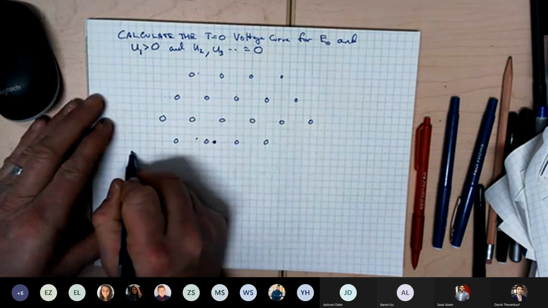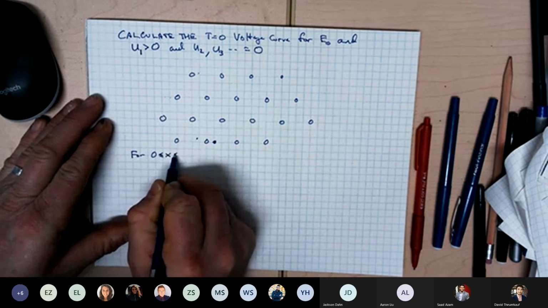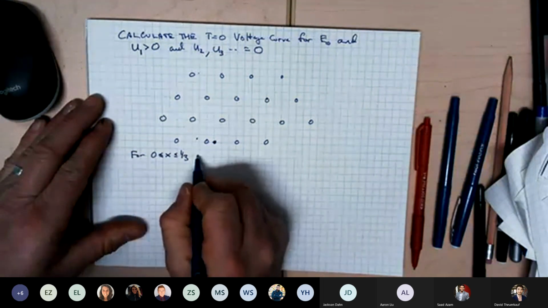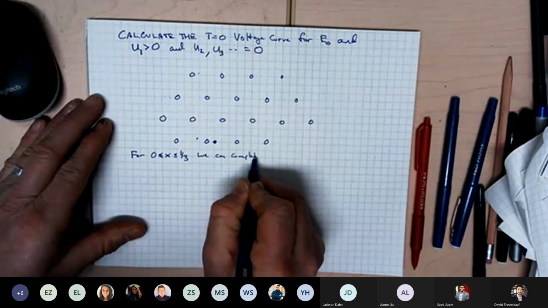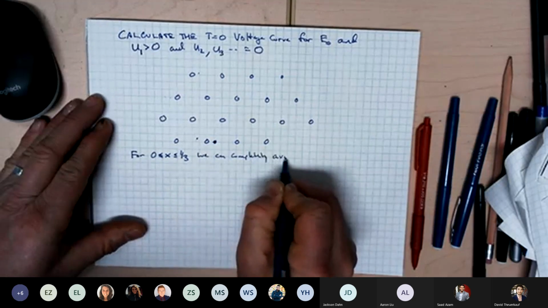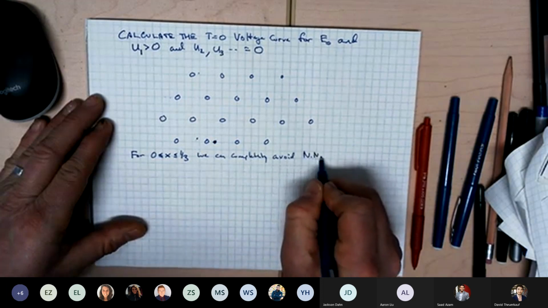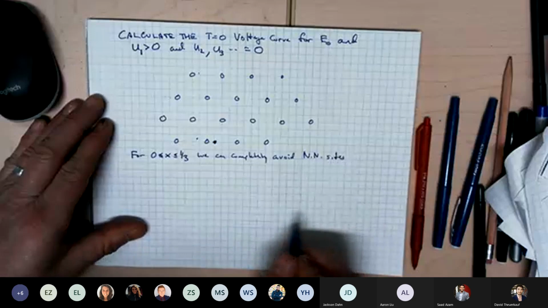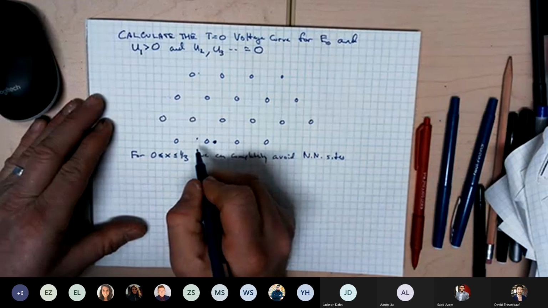So for 0 less than or equal to x less than or equal to 1/3, we can completely avoid near neighbor sites like I showed you. Okay? And for that case, we'll put the lithium on there.